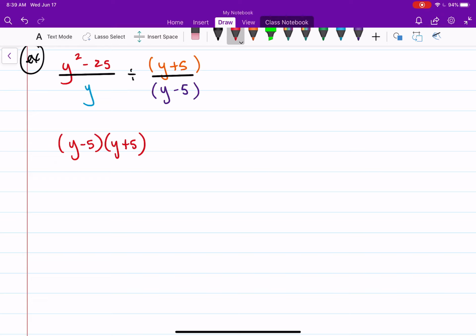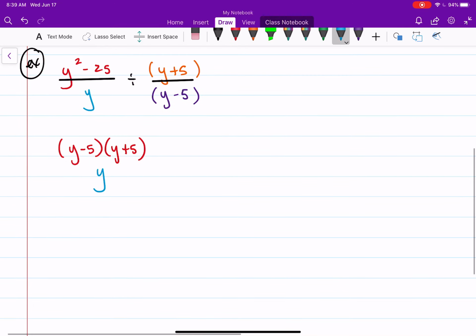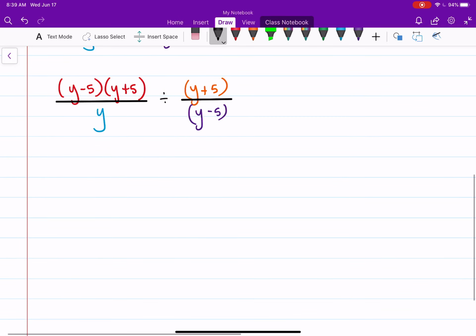Okay? All right, so what's going to happen on the bottom? Well, that's not factorable. That's just plain old y. How about up here with the y plus 5? Well, we don't need to. And how about the bottom? Well, we don't need to. Wow, we got lucky there, huh? All right, so let's draw some lines here. Line there. And a line here. And call this division. Okay, so now that we got everything factored, step 2 was to copy, change, flip.